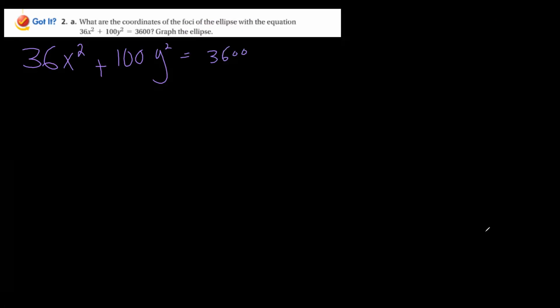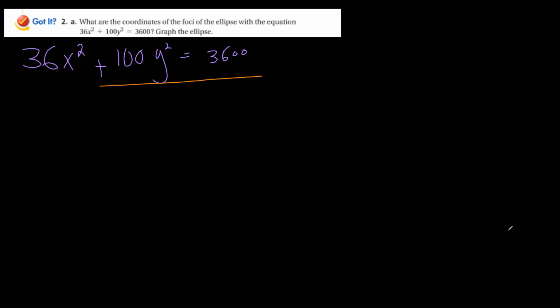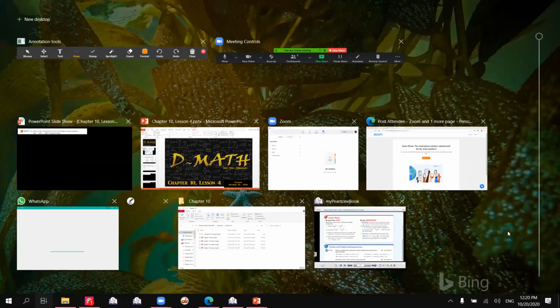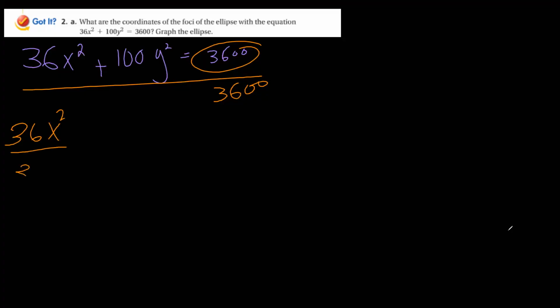Then let's divide all of them by this number. So 36x squared over 3,600 plus 100y squared over 3,600 equals 1.